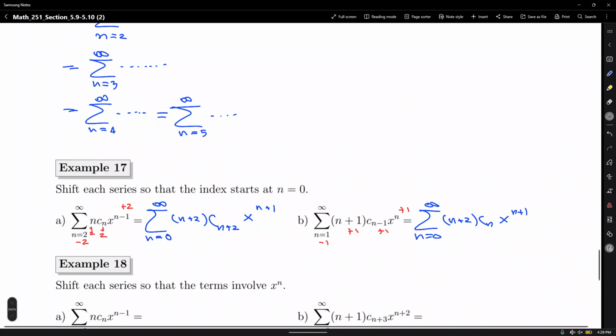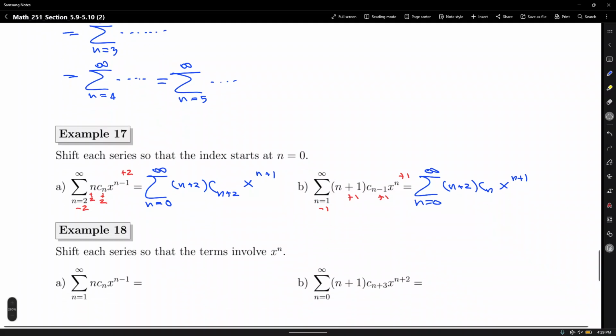All right. Well, in example number 17, we want a power series starting at a particular starting index, in this case, starting at 0. However, in other cases, we may want a series to have a particular power of n. Nevertheless, the way we're going to do the shifting is going to work exactly the same.